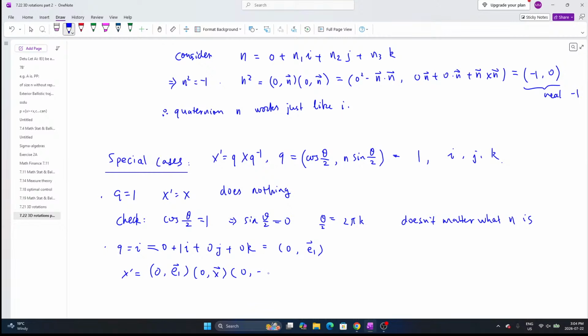Let's see what that does. Because everything here is a pure quaternion, we have a formula for that. You get the dot product of E1 with x, then minus E1 dot x, and then you have the cross product E1 cross x.